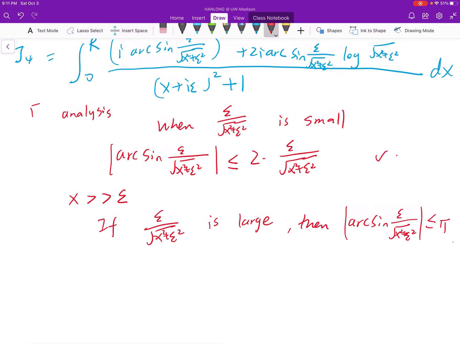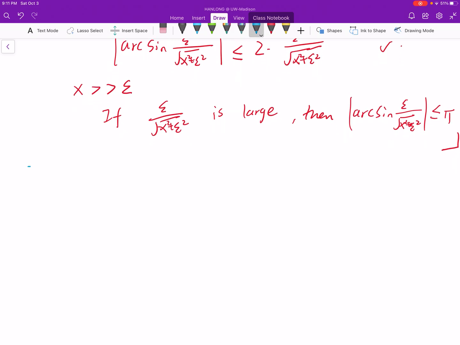So that suggests that we need to cut the interval from 0 to R by some number larger than epsilon, but not that large, because for the log part, you need to have some kind of epsilon there.